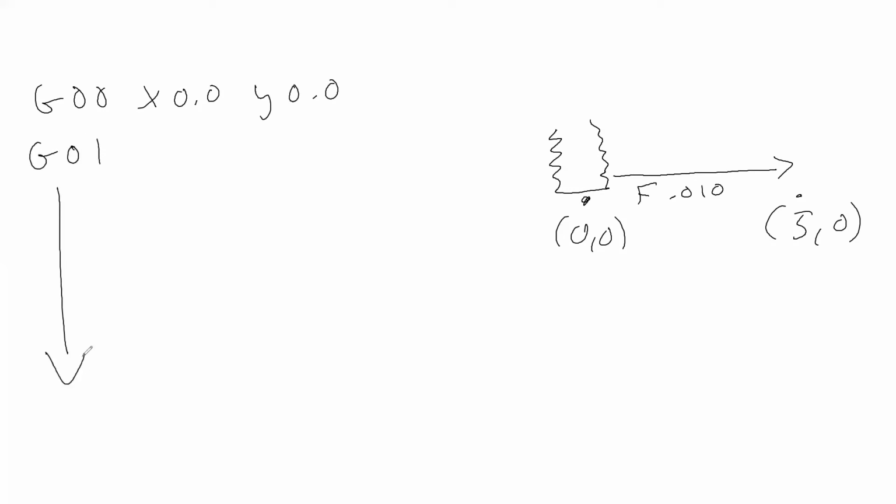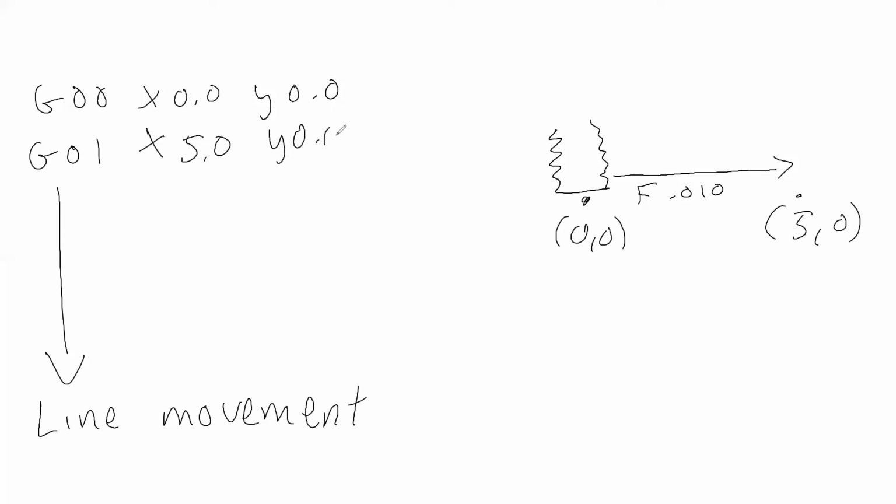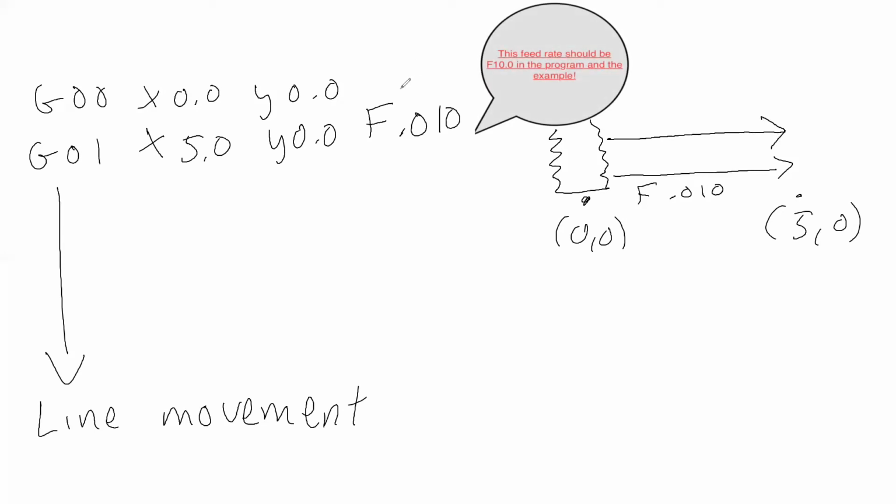This is a linear interpolation movement, a line movement. So now we would go G01, X5.0, Y0.0, and we give it a feed rate. And now it's going to move this nice consistent speed across the workpiece at 10,000 inches per minute. And we're going to get the nice cut that we want.